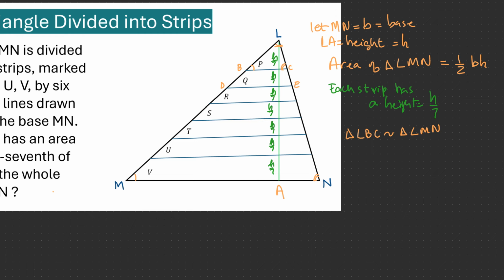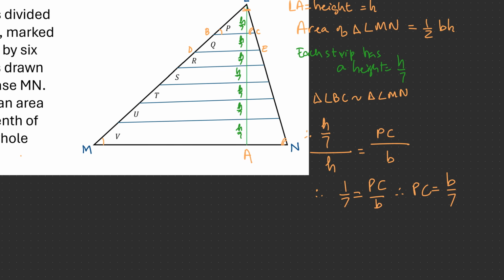So the height of triangle LBC, h over 7, divided by the height h, is equal to the base BC over B. The h gets cancelled out. 1 over 7 is BC over B, and therefore BC is B over 7.